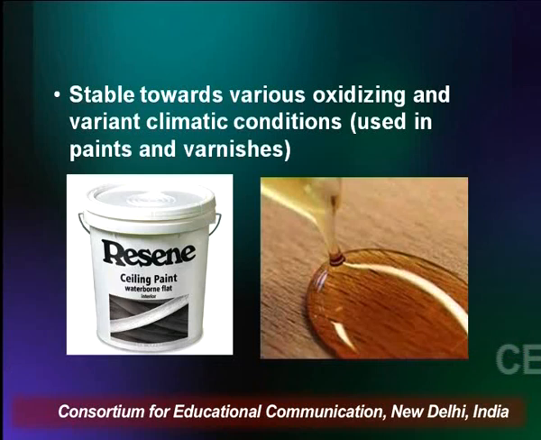Since they are stable towards this climatic oxidation or hydrolysis, these are largely used in the manufacturing of varnishes as well as paints that protect the wood from natural oxidation or the harmful effects of moisture.